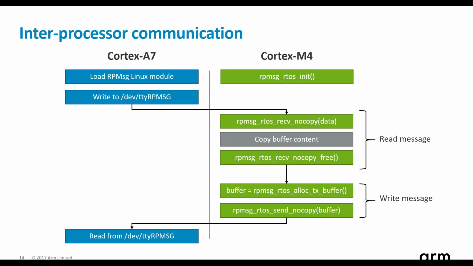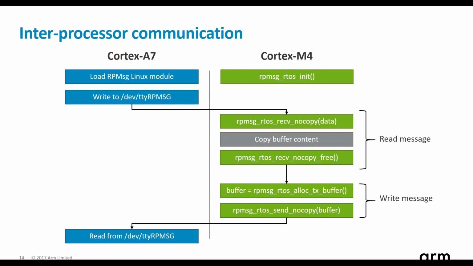We need to initialize the pipe first, of course, from the M4 side, but then we can just use simple functions such as receive no copy. In this case, we will need to copy the buffer. We have different choices for how we can do the communication. So we can have a no copy send or receive, where the message is not copied in memory, to avoid any overhead.